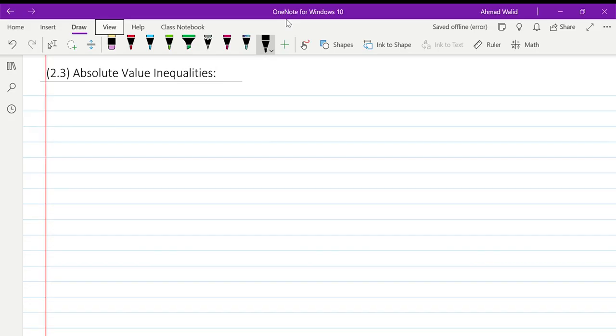Before we start solving absolute value inequalities and give you an easy method to deal with them, let me put a theorem here for you about these absolute values. We have a theorem here.